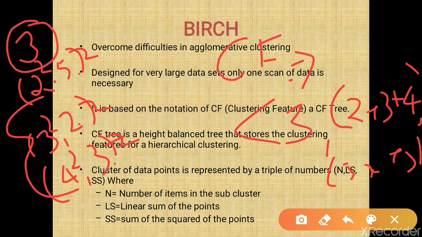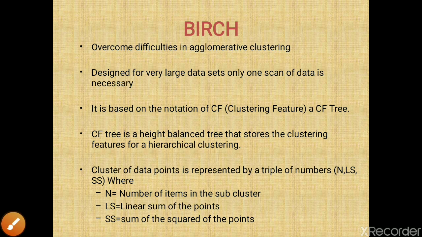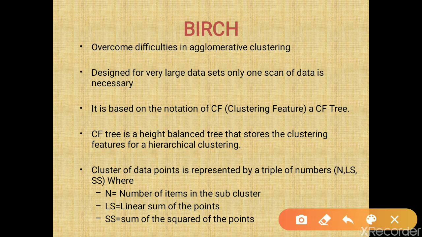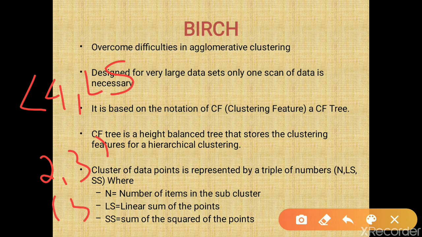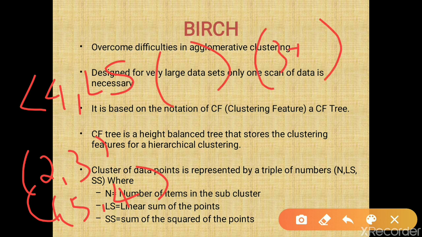I think you are clear with it. Once again I will repeat. If you are given a set of points, consider how many points are given. To find the linear sum, if two points are (2, 3) and (5, 4), first add the first values, 2 plus 5, and next the second values, 3 plus 4.